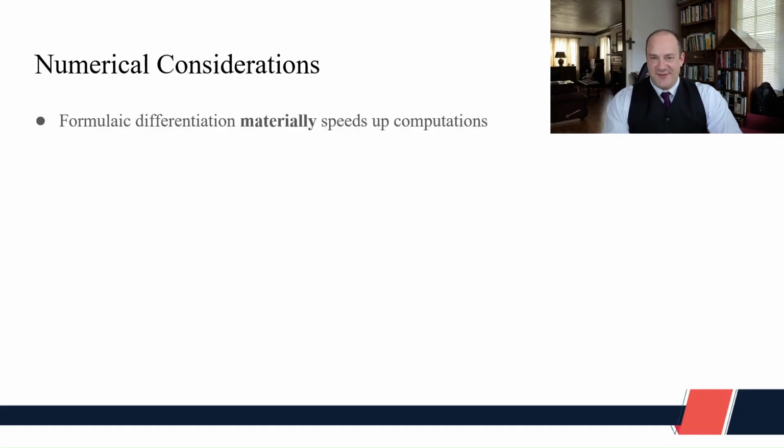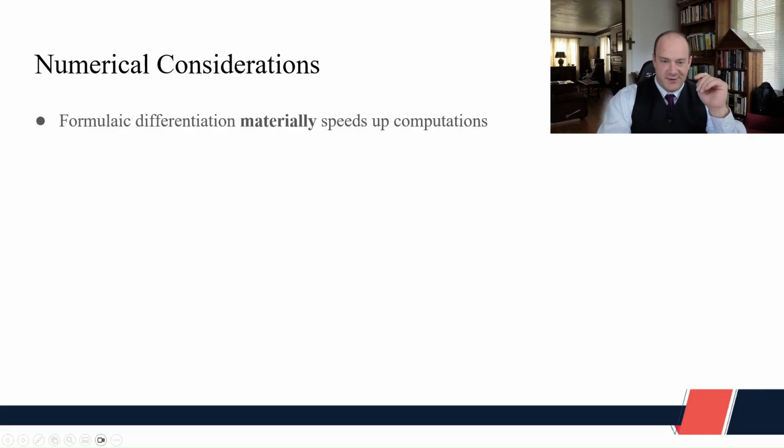And if you don't tell the optimization routine, by the way, this is the gradient of this objective function, it's just going to numerically estimate it at each step of the iteration. So if you just handed it a formula and said, use this instead of having it estimated numerically, that's going to speed up computation.